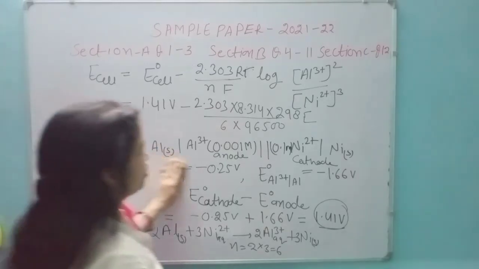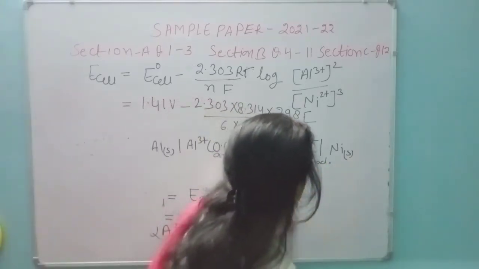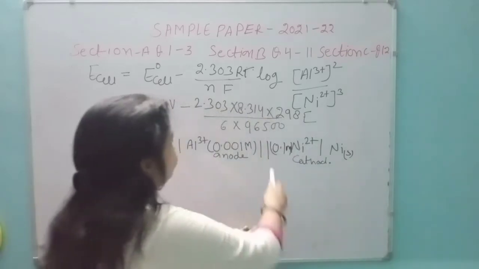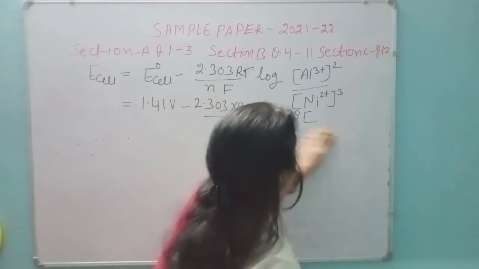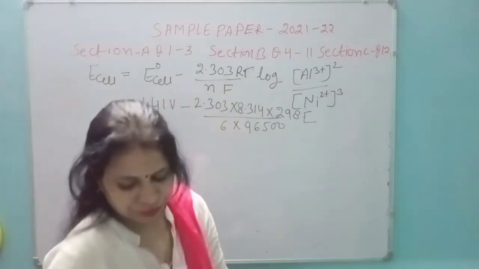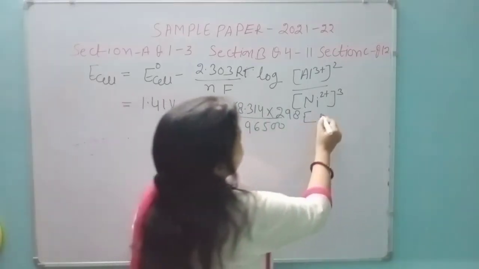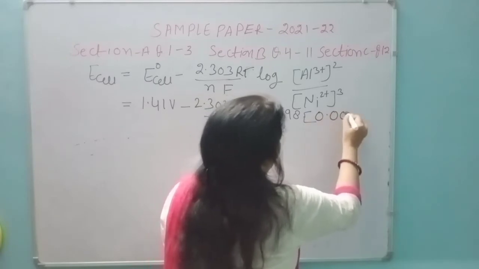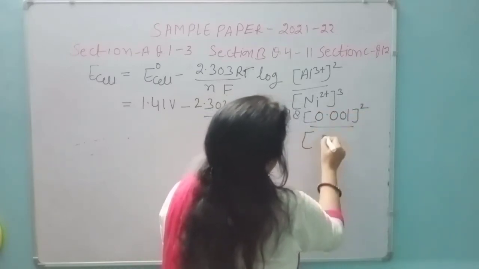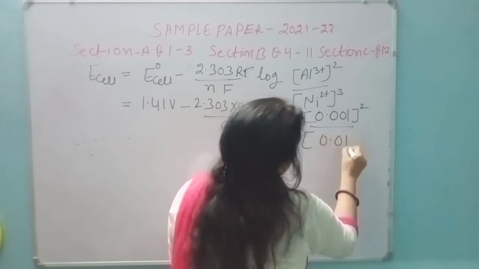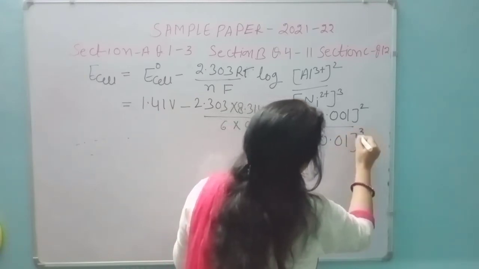The concentration is given in your question. How much is given, beta? Let's see. Write down the concentration: 0.001 for aluminium and 0.1 for nickel.